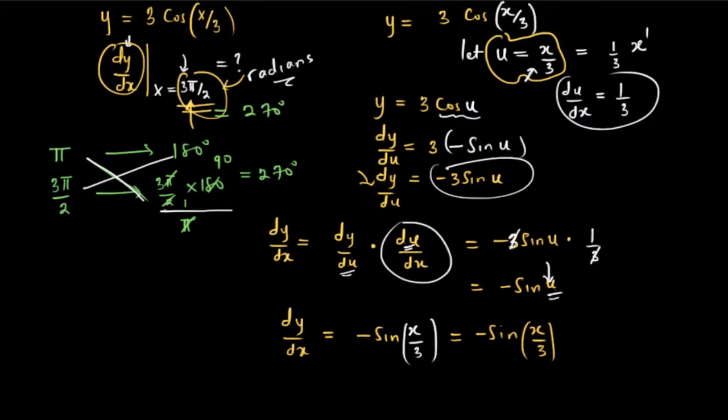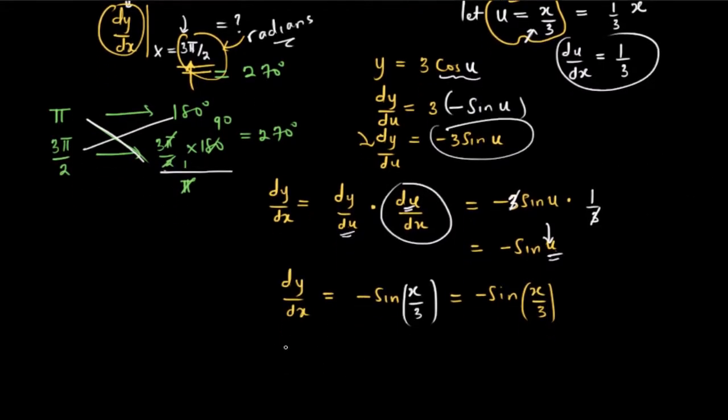So to now find dy/dx at x equals 3 pi over 2, which we obtained to be 270 degrees, anywhere we see x, we replace it with 270 degrees.